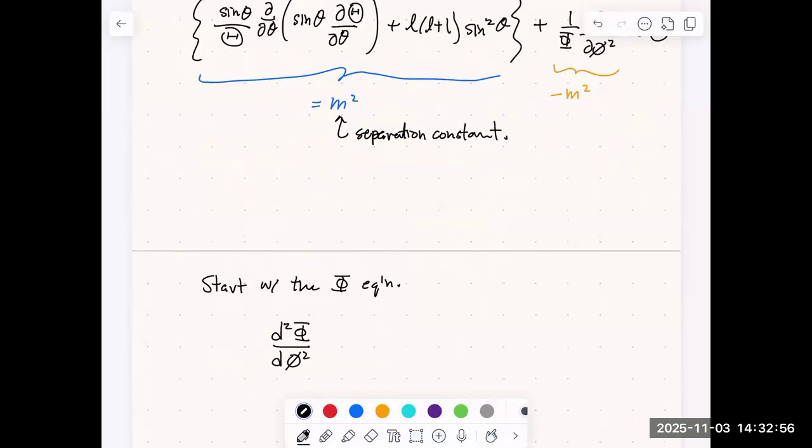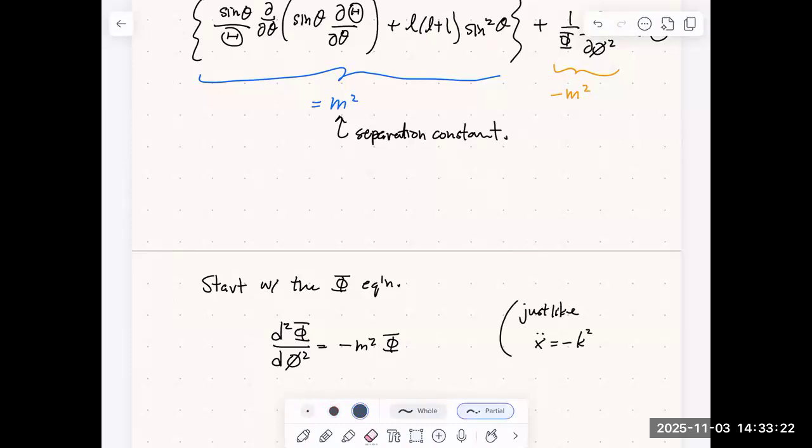So two derivatives of phi with respect to phi is equal to minus m squared. We had a 1 over phi, so I'll move it back over here. This should look somewhat familiar. This is just like our classical harmonic oscillator. It's like x double dot is equal to minus omega squared times x.